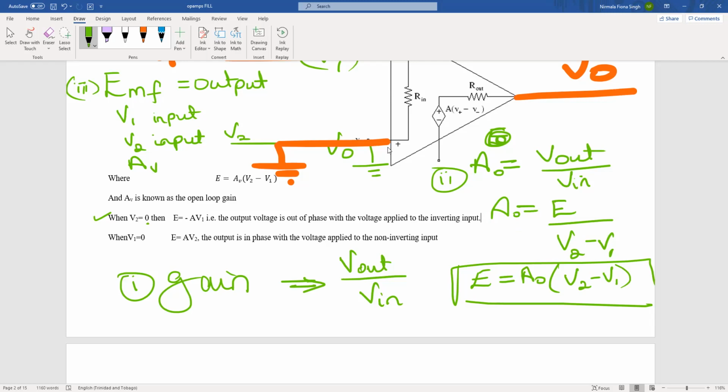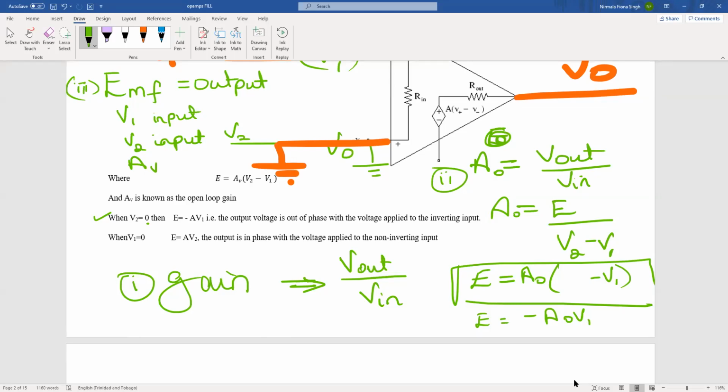Because if V2 is 0, all we have to do is pull it out of the equation, and you're going to end up with E is equal to minus A naught V1. So simply here, your input voltage and output voltage are directly related to each other, meaning one divided by the next is equal to your gain. So that's for when V2 is equal to 0.